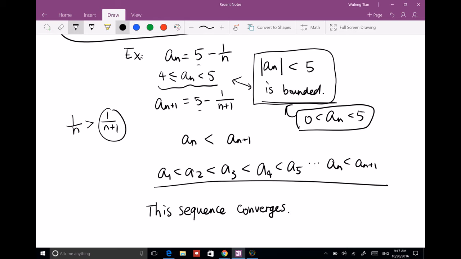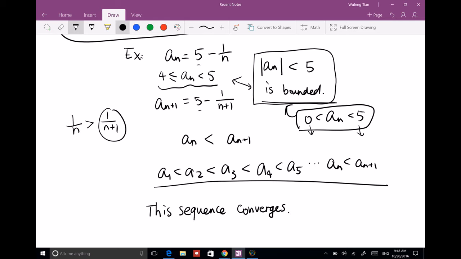But you have to make sure the upper bound and lower bound are correct bounds. It doesn't have to be exactly bigger than 4 or less than 5.